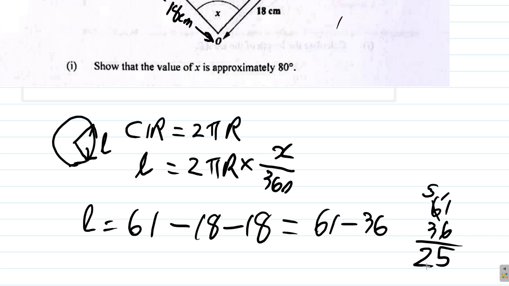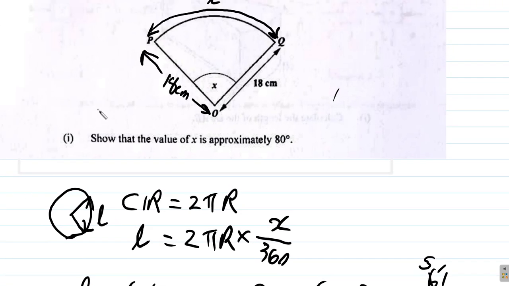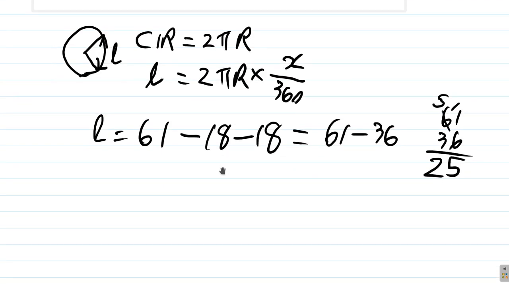So what you have is 25. You see that? Because you have the 61, you take off this 18 and you take off this other 18. So what you have left is 25. So the arc length L is equal to 25 centimeters.